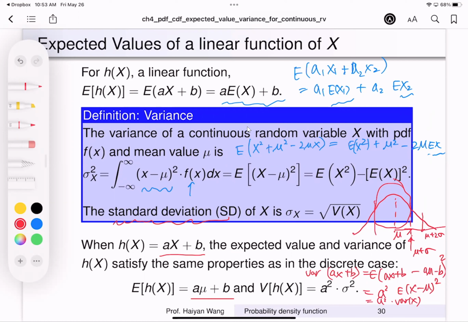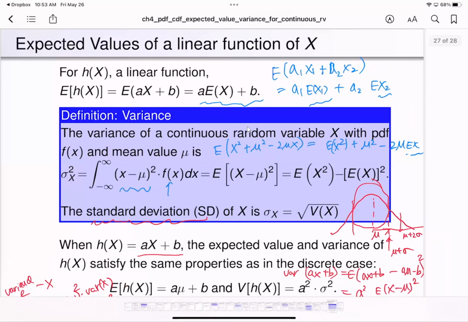So instead of x, you are looking at negative x. What's the variance of negative x? The variance of negative x is equal to negative 1 squared times the variance of x. Therefore, it's still equal to sigma squared. Okay. So that's the variance.